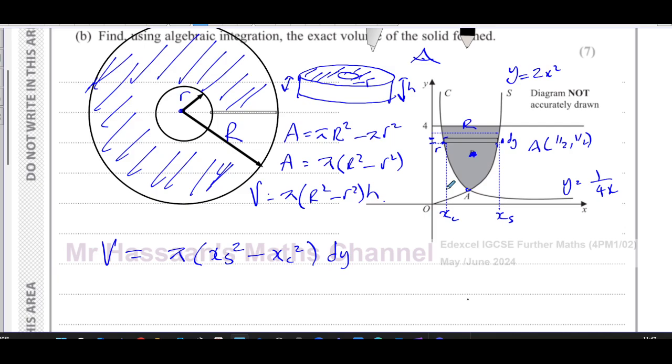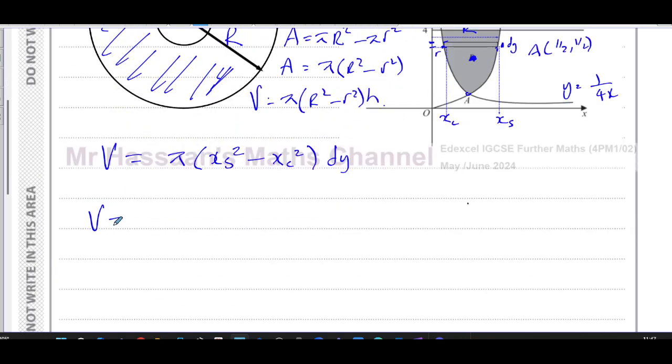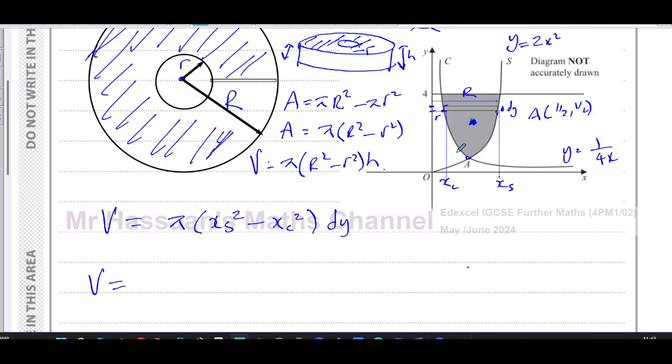What we want to find is the volume of the whole of this shaded region rotated around the y-axis. So what we can do is say we want to find the sum of. That's what the integral sign actually means. It's an S that's elongated. The sum of all of these strips between the point where y equals this value, which as we know is a half, the y-coordinate of A, up to 4, of this expression, pi times x_S squared minus x_C squared dy.